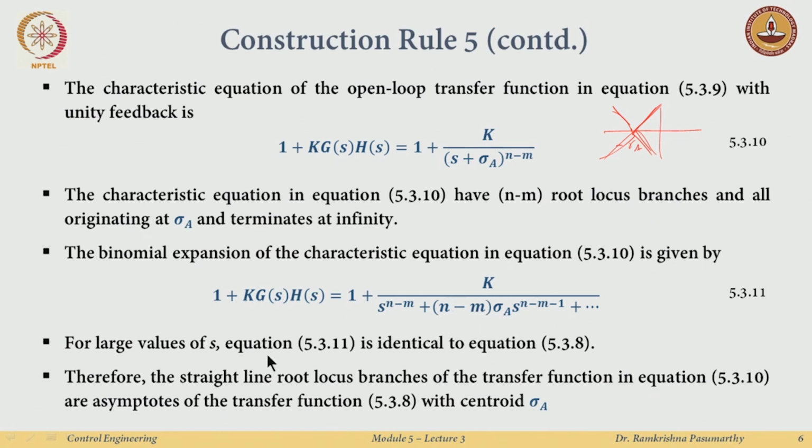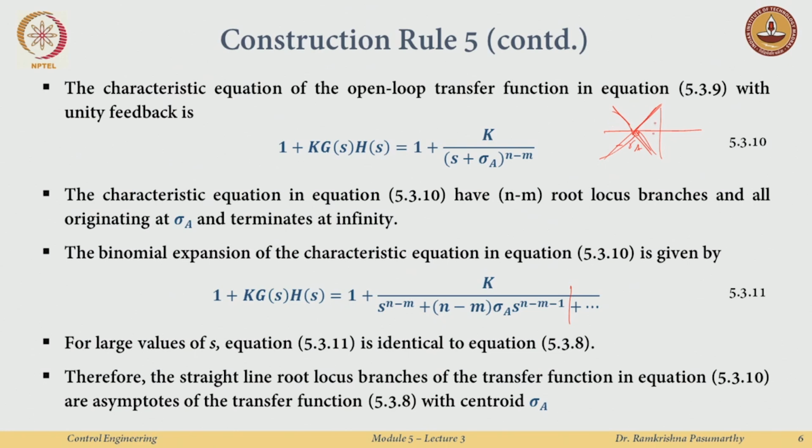Again, for large values of s, I just stop here and say, well, this is a good approximation at largest values. Okay. Therefore, the straight line root locus branches of the transfer function in this equation are asymptotes of the transfer function with centroid, this one, right. So, everybody starts here and then they go to infinity. We will see how they go. So, this is just a very vague picture.